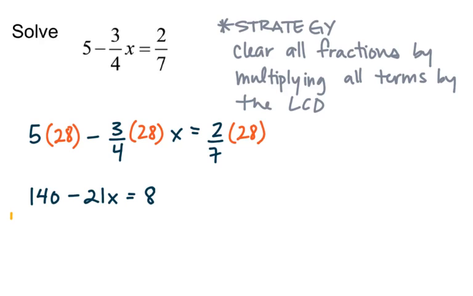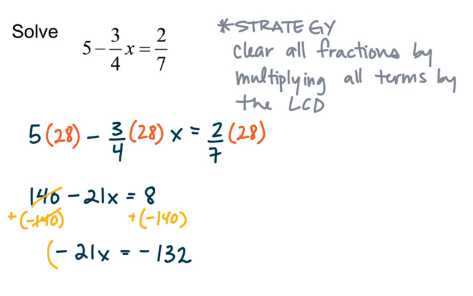So the first thing I'll do is add -140, or subtract 140, to both the left and the right side. On the left, that cancels, and I'm left with -21x, and on the right, I'm left with -132. So now I will use my multiplicative property of equality. I'm going to multiply by the reciprocal.